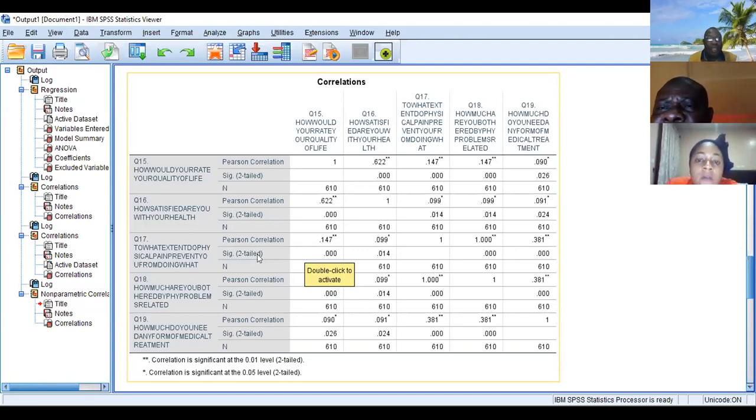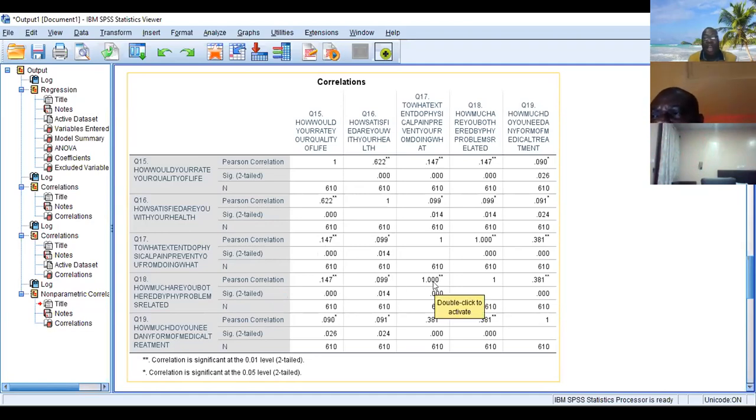Look at 17, then look at 18. 17 correlates with 18 here, on the fourth column. Yes, it's perfect.